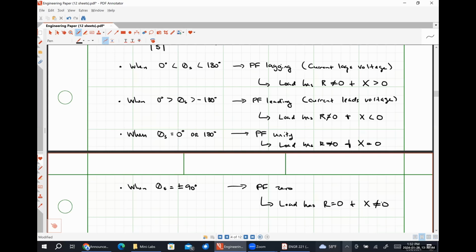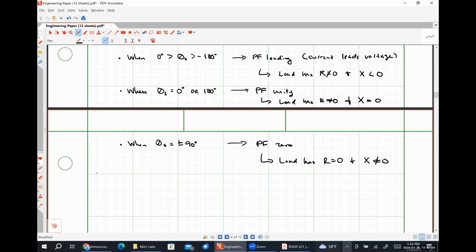Do you guys remember anything about power triangles? A little bit? Okay, I'll go through it really quickly because I've already done 90% of the legwork there. A power triangle is nothing more than just a visual aid to remember how everything is related.